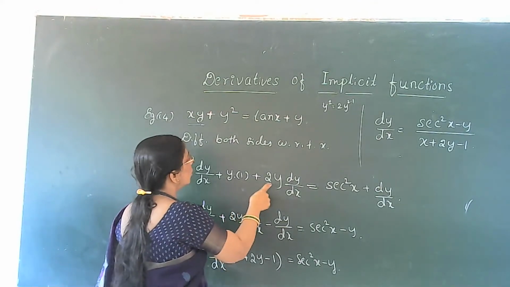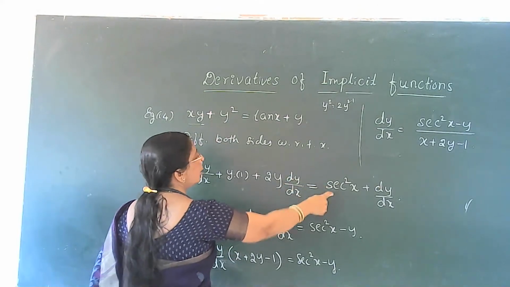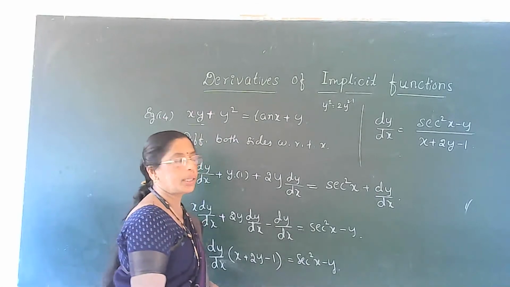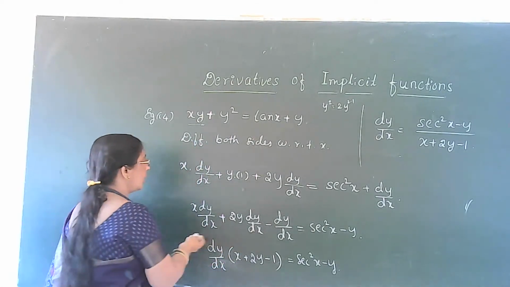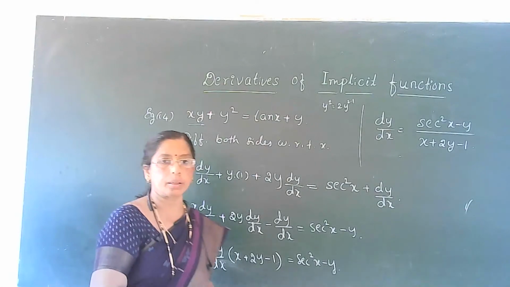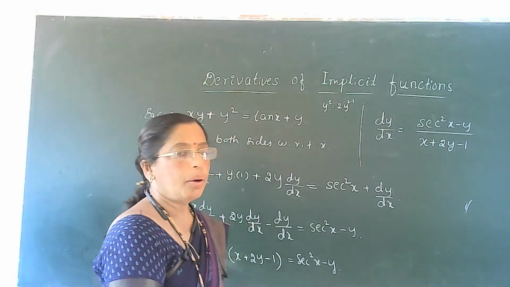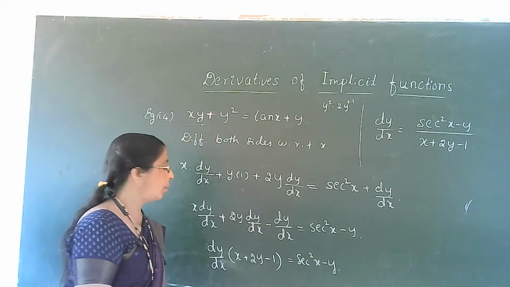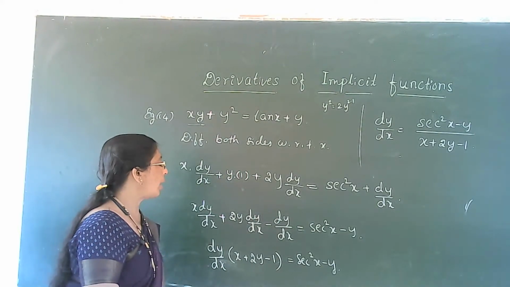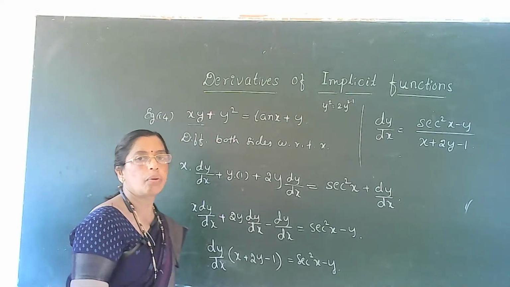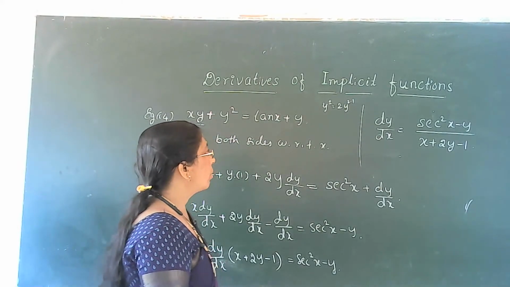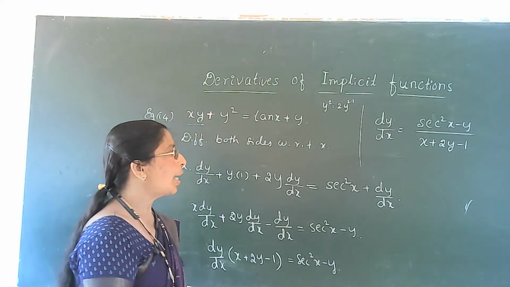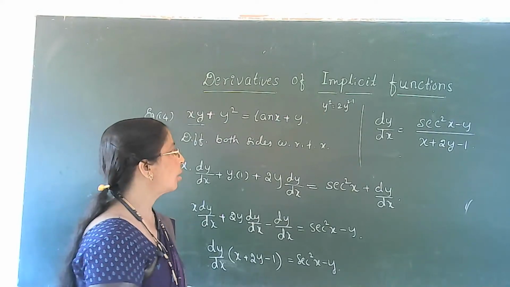Then equal to derivative of tan x is secant square x plus derivative of y is dy by dx. Then taking dy by dx terms on the LHS side, we get dy by dx into x plus 2y minus 1 is equal to secant square x minus y. Then dy by dx we get secant square x minus y divided by x plus 2y minus 1.